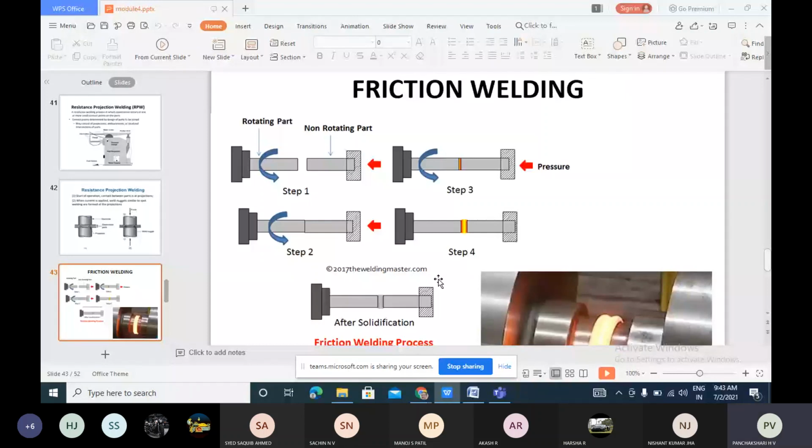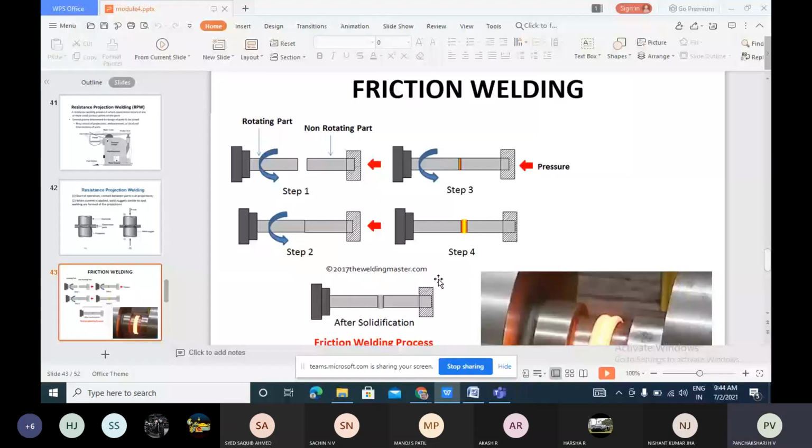These are all lap joints. Lap is nothing but one above the other. When it is one beside the other, adjacent to the other, then it is called a butt joint. So here you can see the butt joint, B-U-T-T, butt. See how the welding is carried out here.